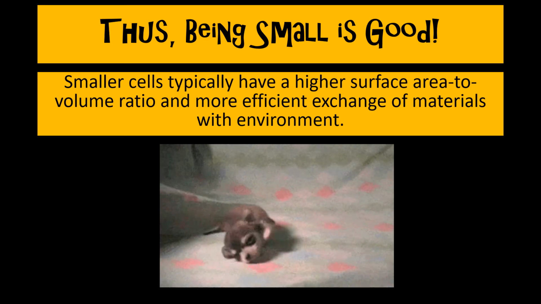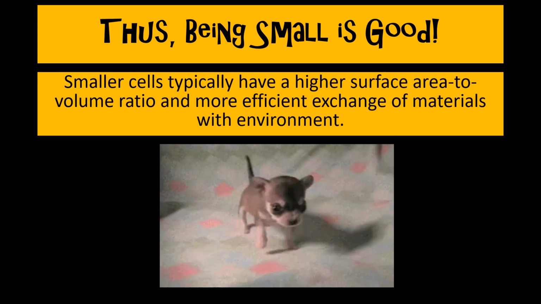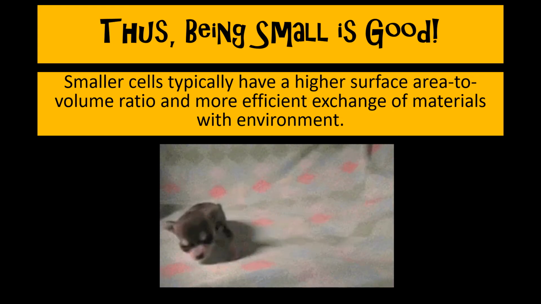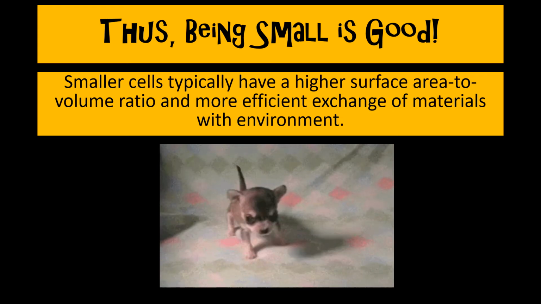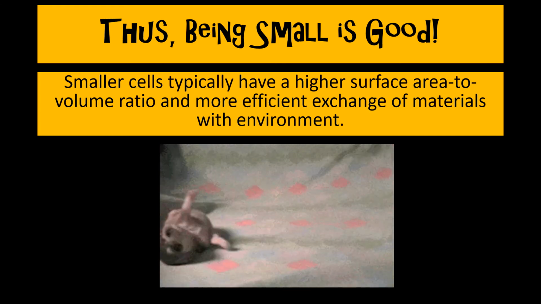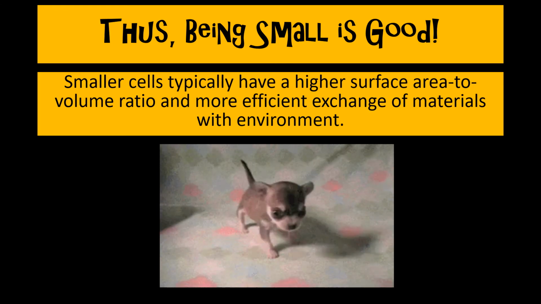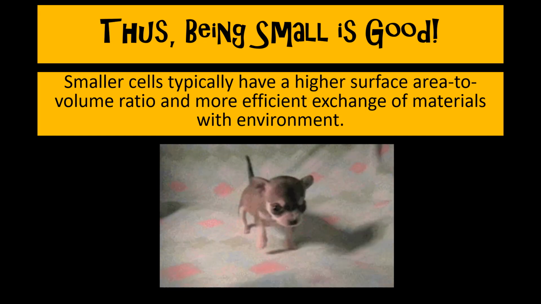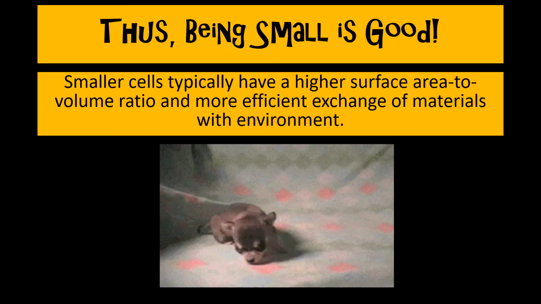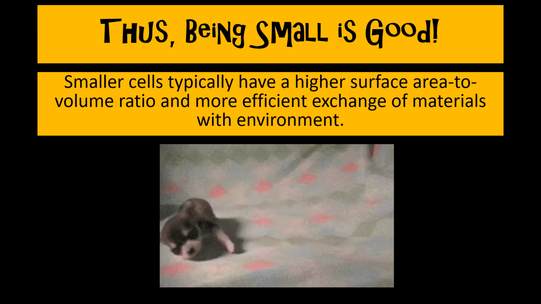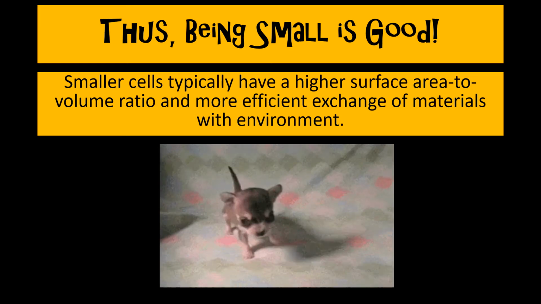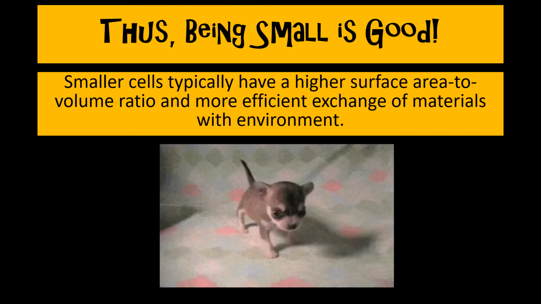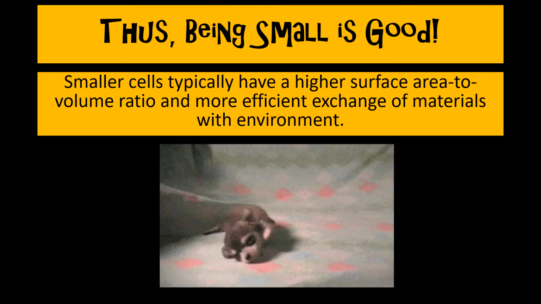Smaller cells have a higher surface area to volume ratio. That means it's way easier for them to take in nutrients they need, to exchange elements with their environment, and to eliminate waste, all the things we just mentioned. It's really easy if you have a high surface area to volume ratio, which only comes with being a small cell.